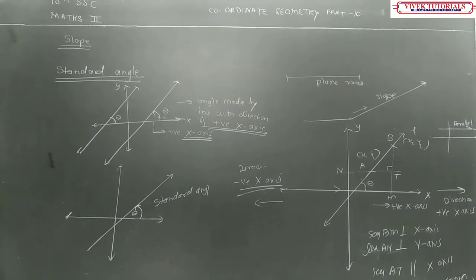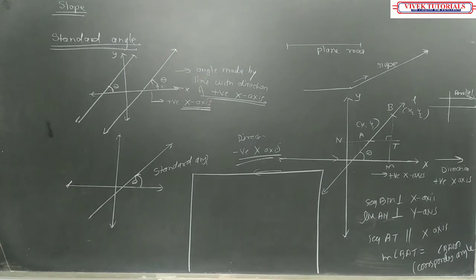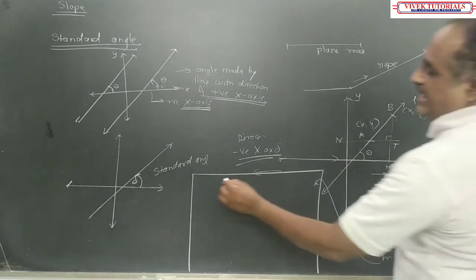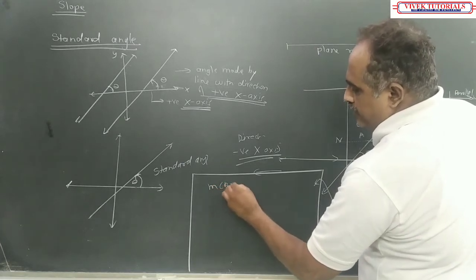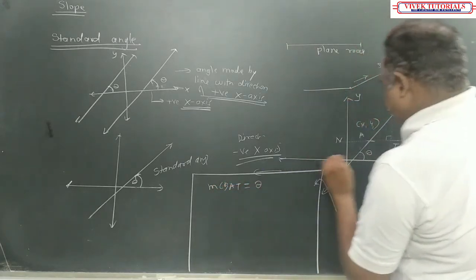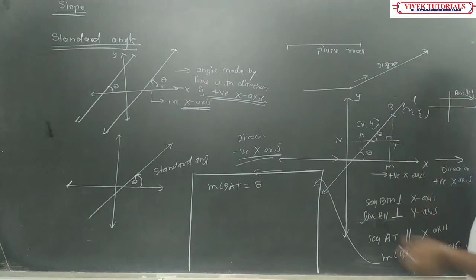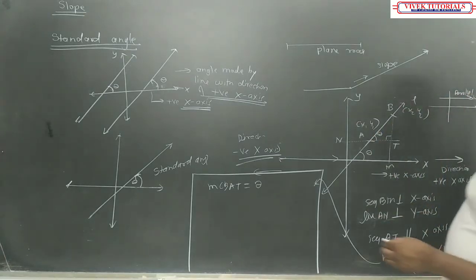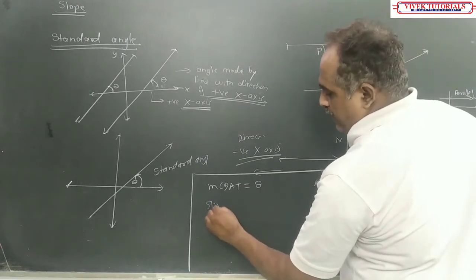Okay? After this I can go for this. तो ये जो एंगल है ना, angle BAT is also theta. ये थीटा है तो ये कितना हो गया? थीटा.